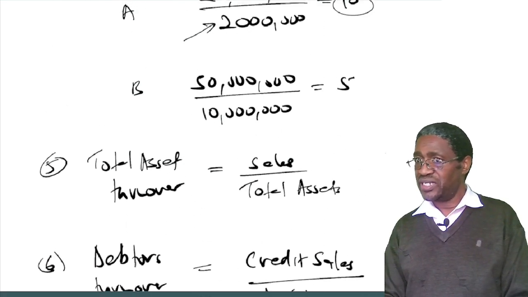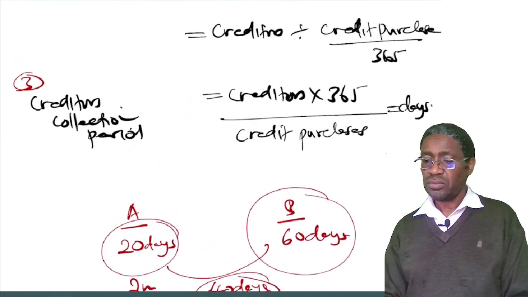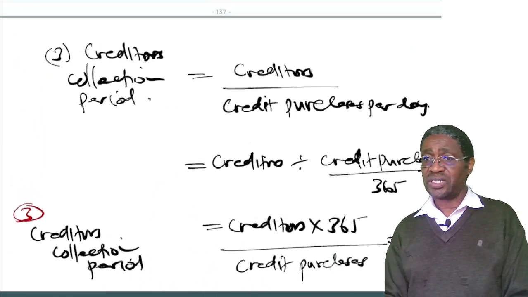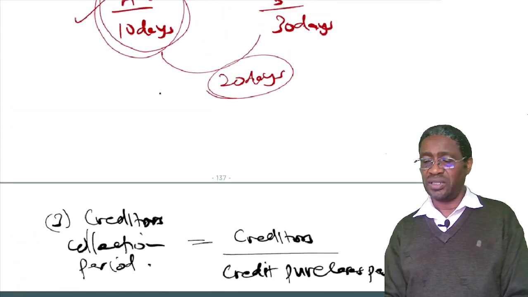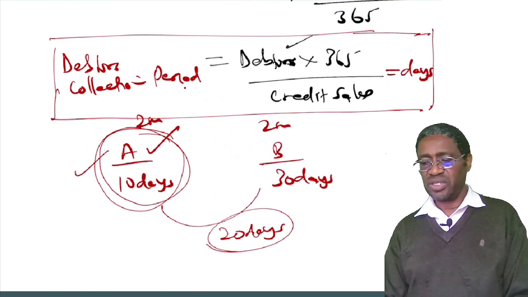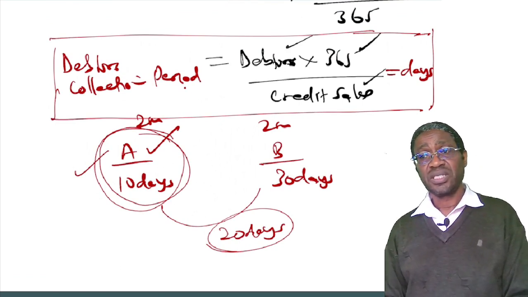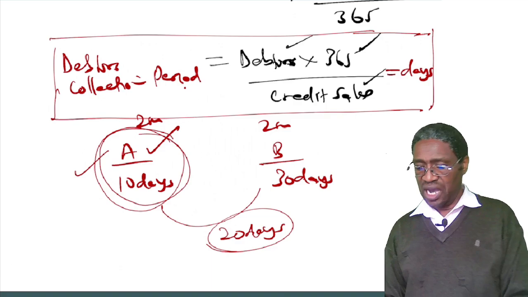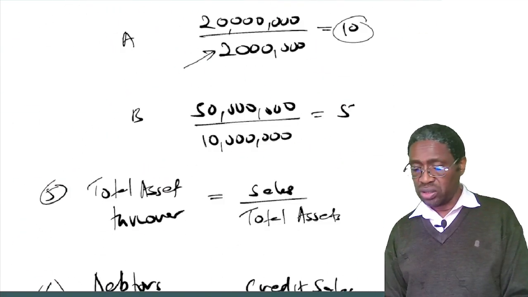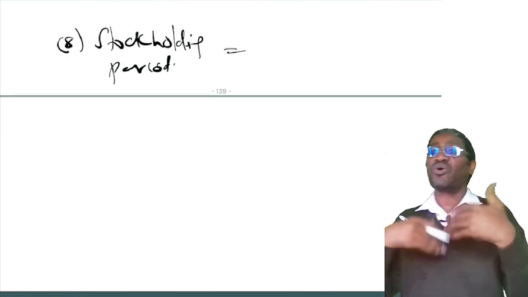When we were calculating debtors turnover, I gave you the final formula. I said it is debtors times 365, you now divide by credit sales. Now, when you are calculating stock holding period, how long does it take you to hold that stock before it's converted?